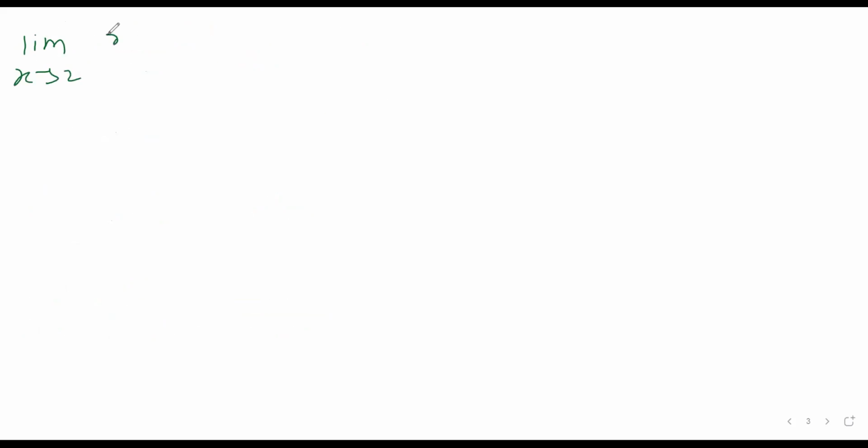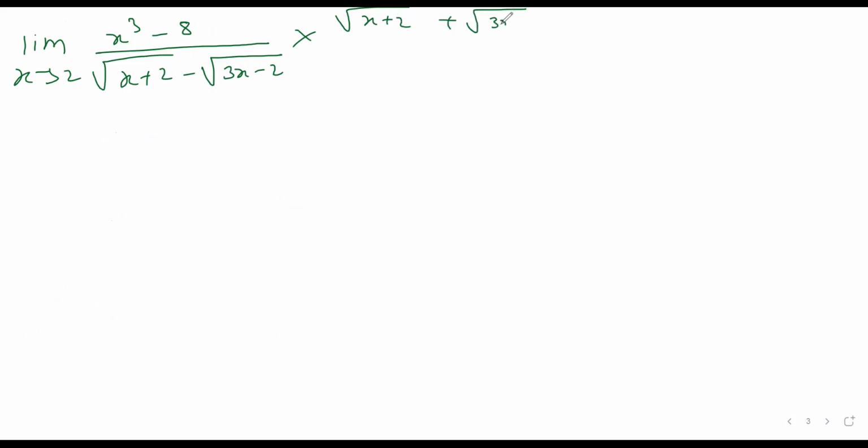Limit x tends to 2, x cube minus 8 upon under root x plus 2 minus under root 3x minus 2. So I multiply by x plus 2 plus under root 3x minus 2, whole thing.